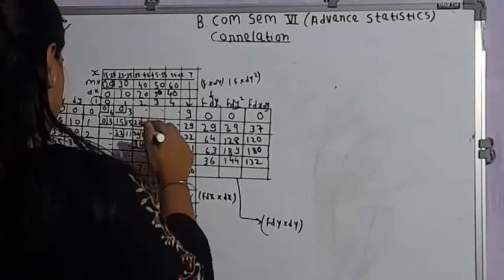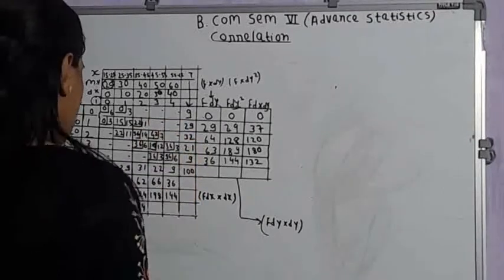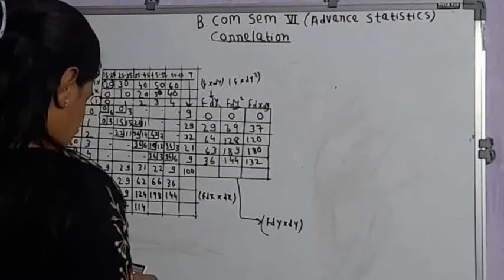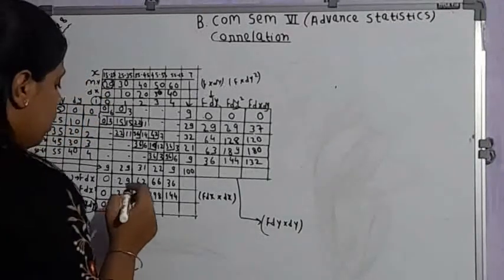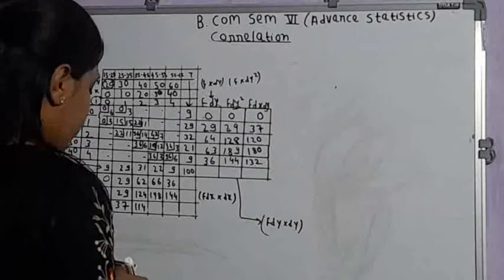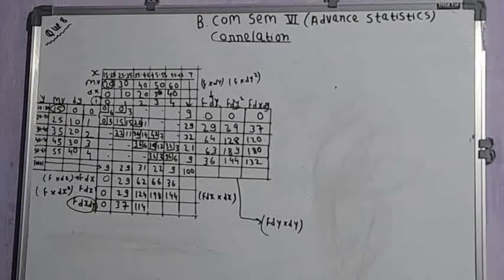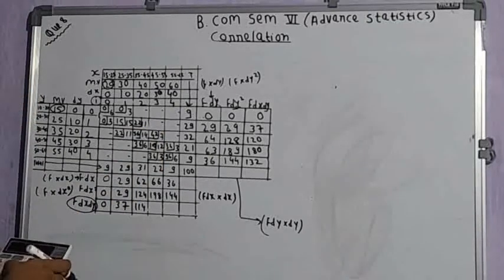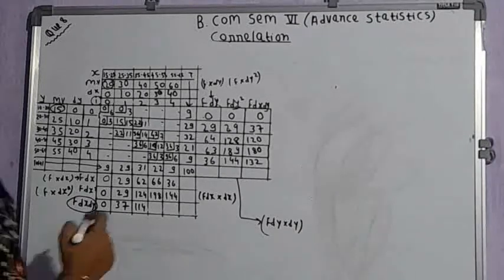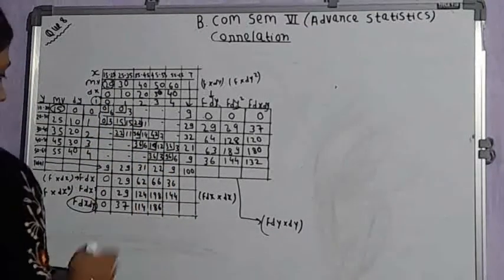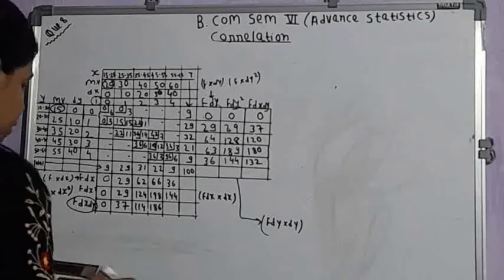Then 42 plus 108 plus 36 would come to 186. Then 36 plus 96 would be 132.